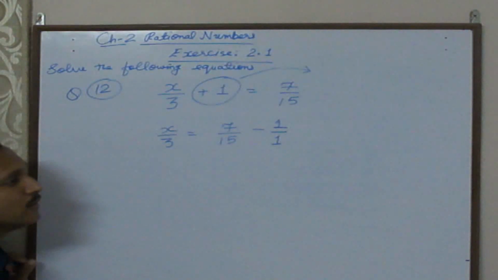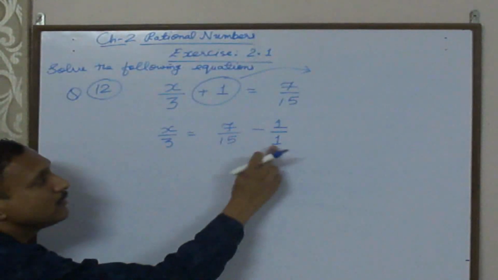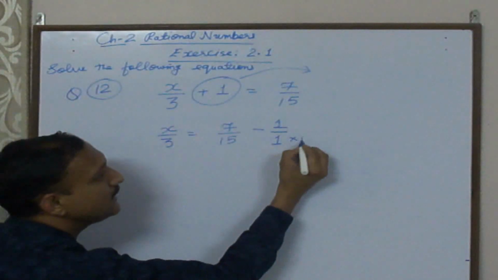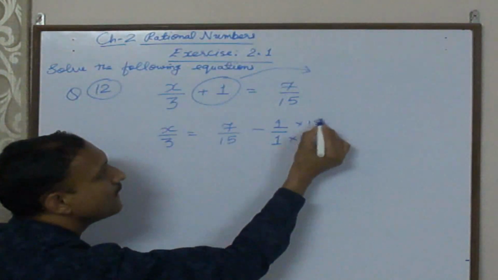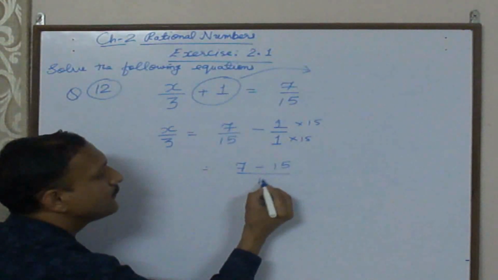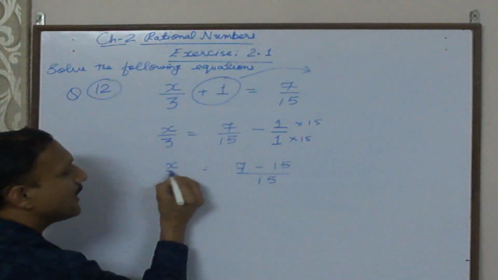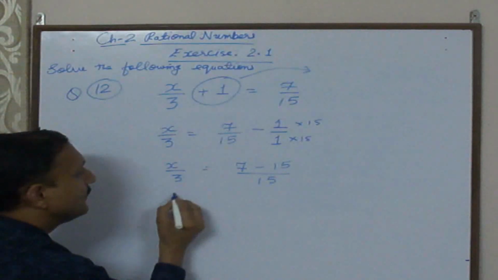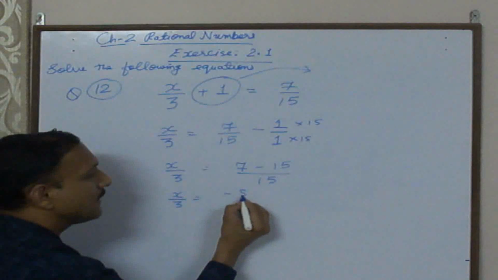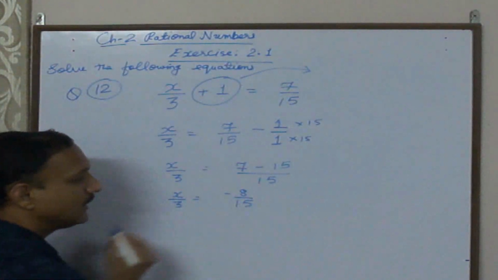Now what we have to do? We have to make the denominator the same. Here the LCM is 15, so multiply by 15. So 7 minus 15 by 15. x by 3 equals 7 minus 15, that makes minus 8 by 15.